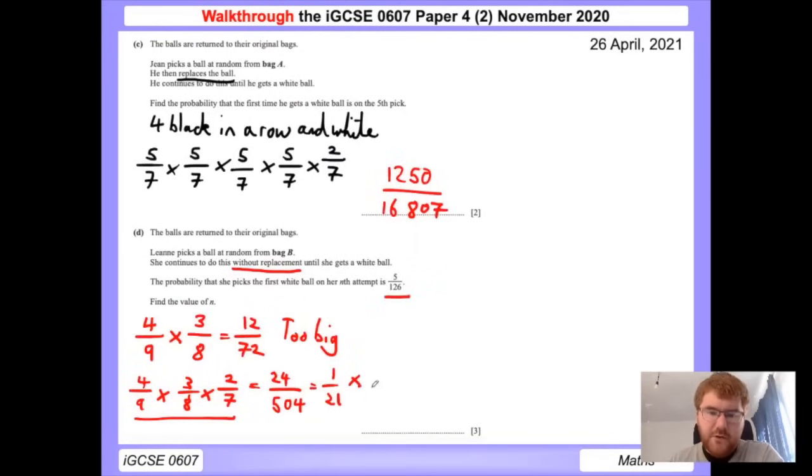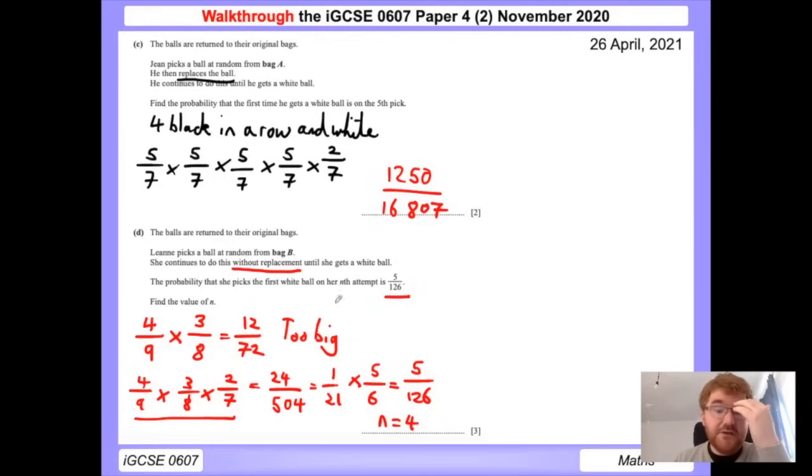So if we do 1/21 times 5/6, that does give us the fraction that we want, 5 over 126. So the way this works is it'll be 3 black balls, then there's 1 white ball, so it'll be the 4th attempt, so n is equal to 4, where this actually occurs.